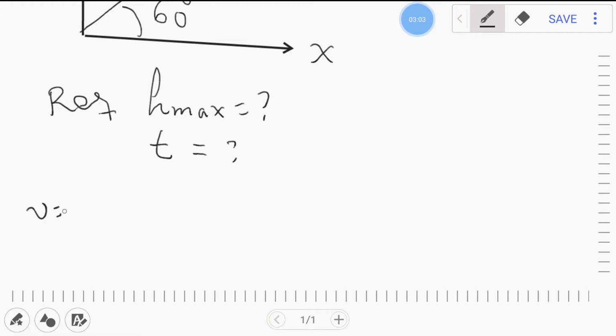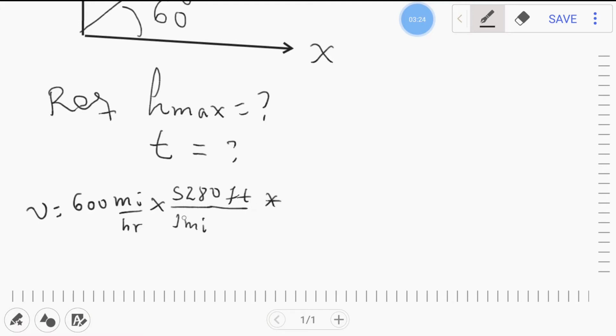We have to convert the velocity, which is 600 miles per hour. To convert this, first we have to eliminate miles. To eliminate miles, we'll write in the lower part 1 mile, and the equivalent of 1 mile is 5,280 feet, so mile by mile will be cancelled out.